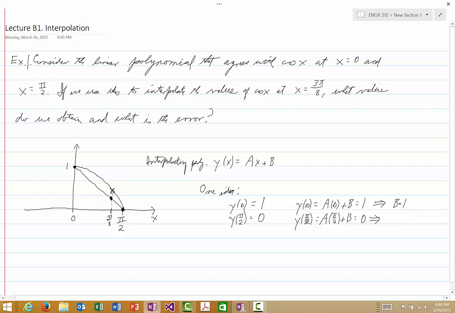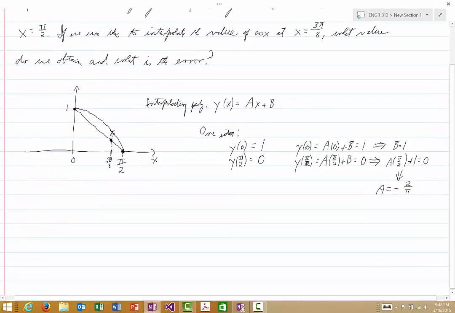And then if we plug that into the second equation, we get a times pi over 2 plus 1 is equal to 0, and that would imply that a is equal to minus 2 over pi. And so now, in this simple case of two equations and two unknowns, we have been able to obtain the result rather quickly, and we get y of x is equal to minus 2 over pi x.